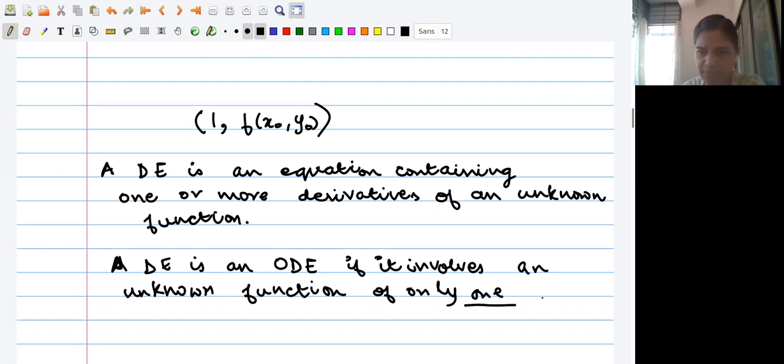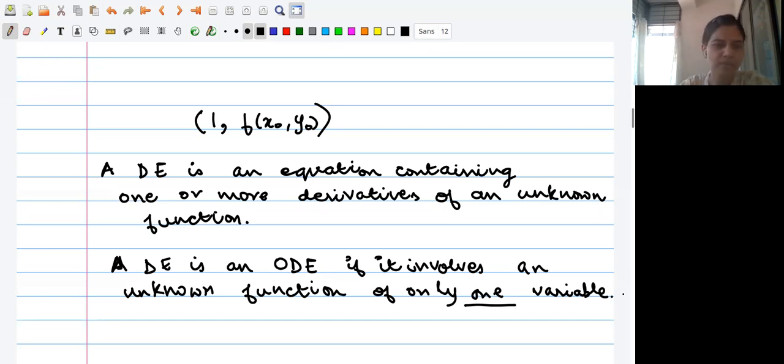This one is very important. An ordinary differential equation has a single independent variable. Is that okay? That's the very first thing to be kept in mind.